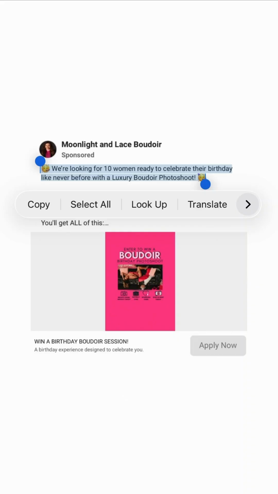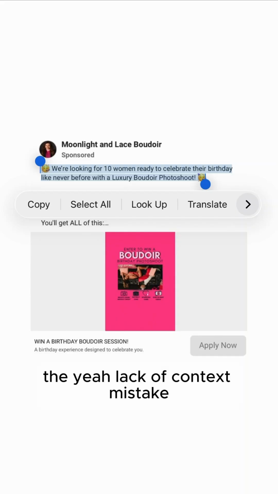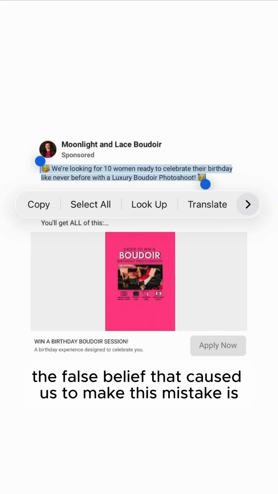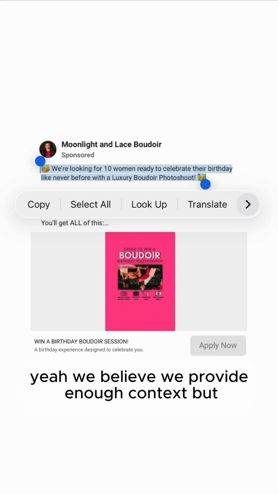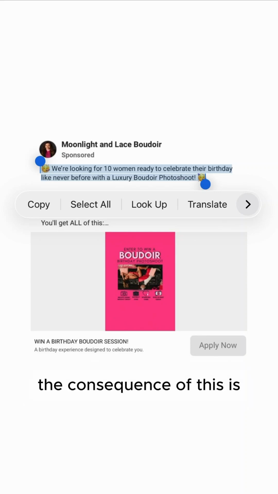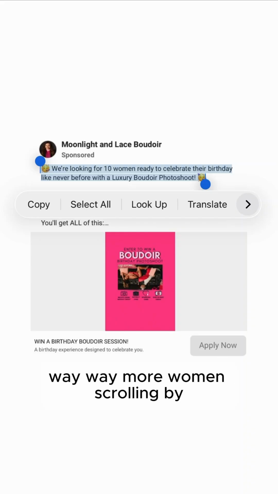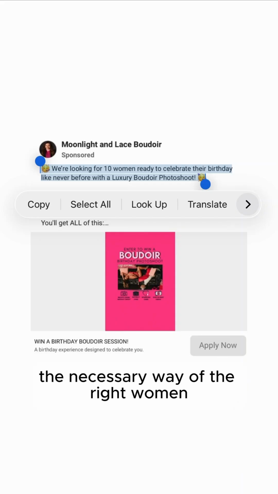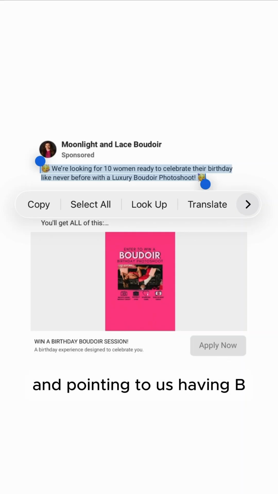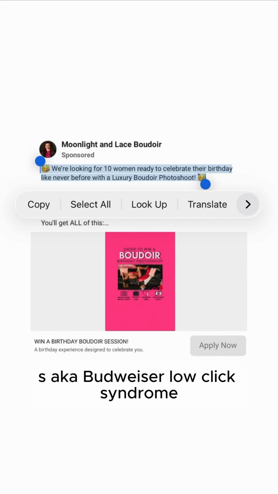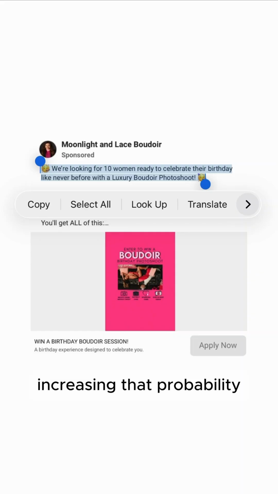So this is the lack of context mistake. The false belief that caused us to make this mistake is we believe we provide enough context, but the consequence is we actually have way more women scrolling by than necessary, way more of the right women, pulling our unique CTR all down and pointing to us having BLCS, aka Boudoir low click syndrome, increasing that probability.